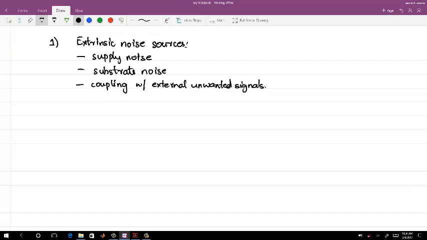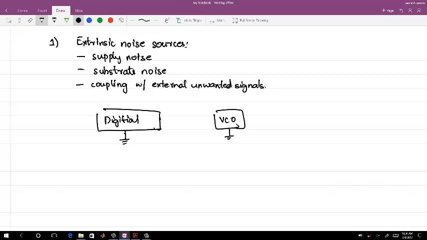Okay, so just as an example, I have a digital block and I have this ground and same substrate, and let's say I have an oscillator, okay, and the oscillator also has a ground.